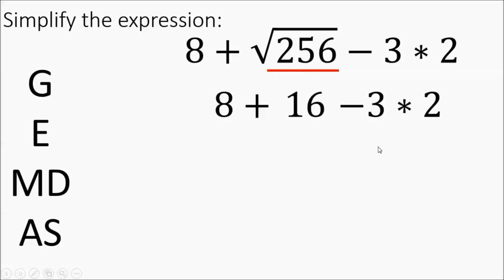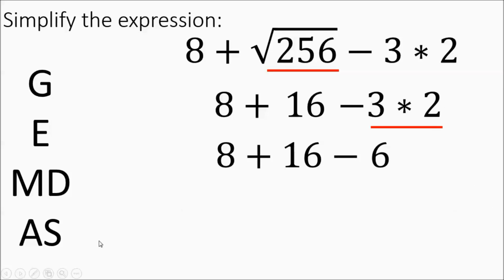Works out to 16. So now we're going to look over here. I don't have any exponents, so we're going to go to the multiply dividing. I do have some multiplying. Once again, I'm dropping down what I haven't used, and the 3 times 2 is 6. Now we have our add subtract. I've got 2 positive terms here I'm going to regroup.